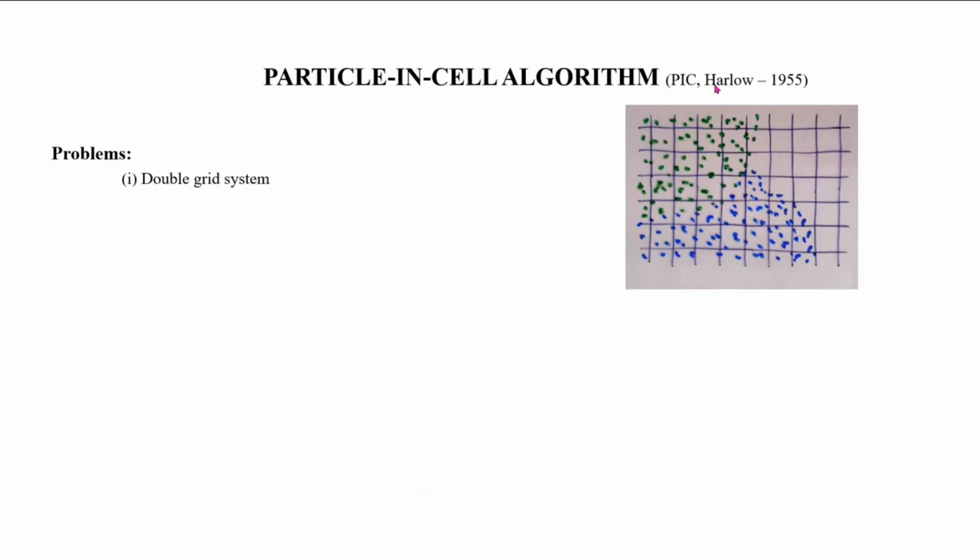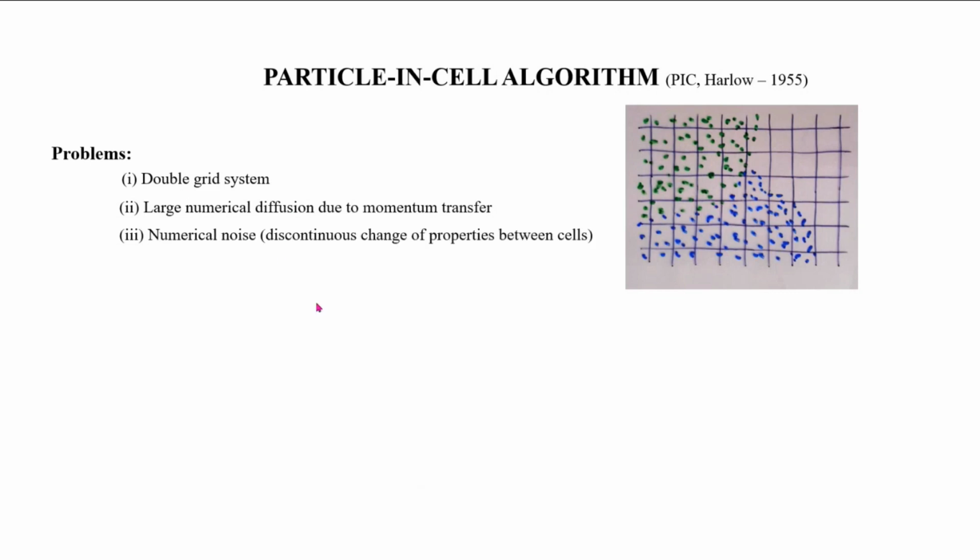The problem with this PIC algorithm is that I have a double grid system, regular spatial grids plus many particles. I have large numerical diffusion or numerical inaccuracy due to momentum transfer, because I have to go from grid to particles and back. I have numerical noise because properties change in a discontinuous manner between different cells.